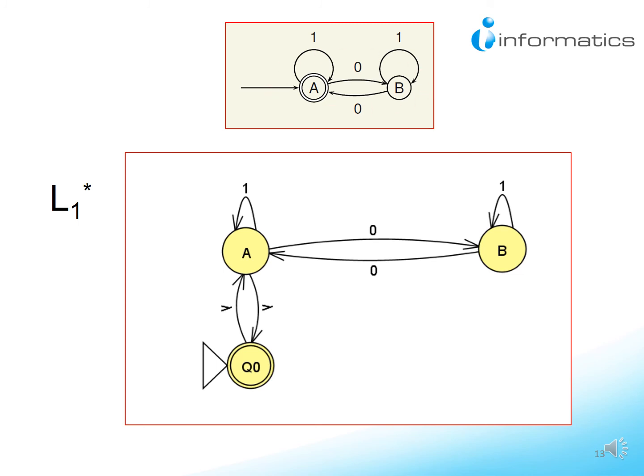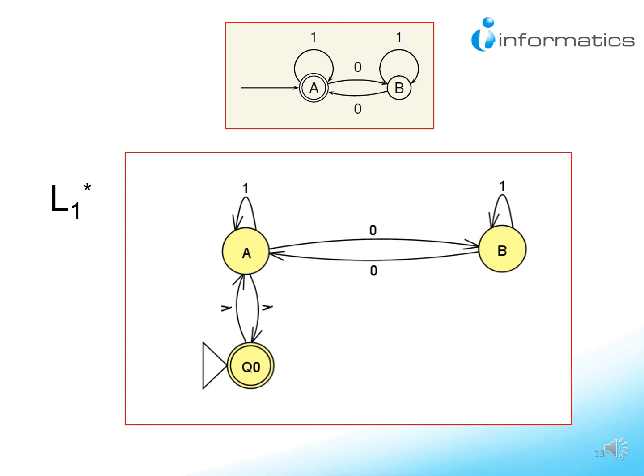So what we will construct is a new initial state. From the new initial state, we perform a lambda move to the initial state of the original machine, and the machine runs until it goes into the final state, in this case also A. From the final state, we make a lambda move back to Q0.